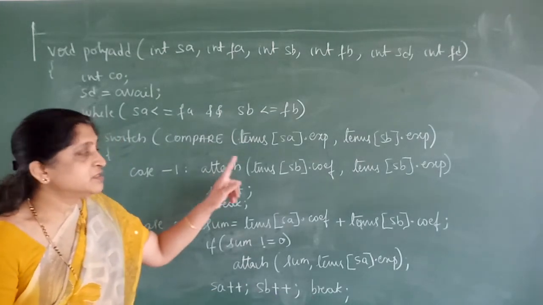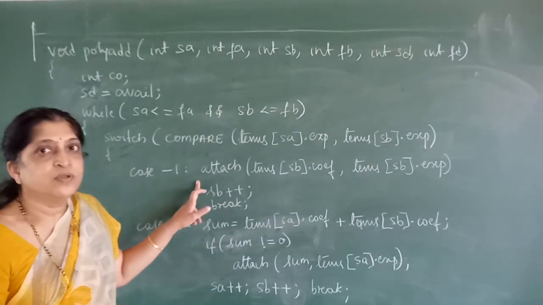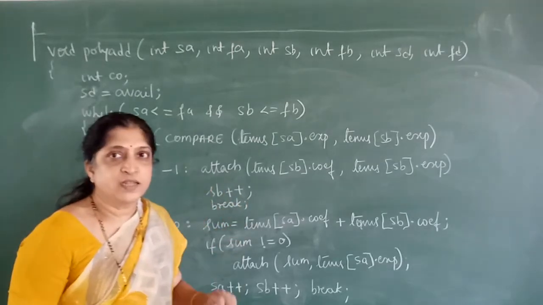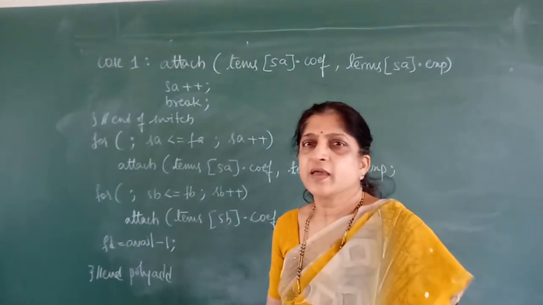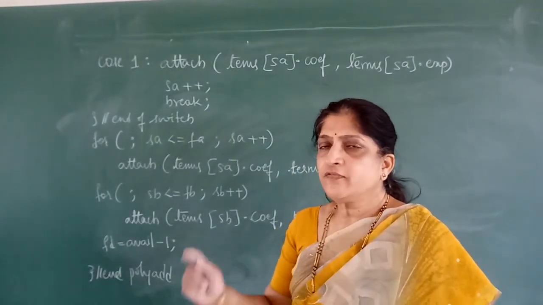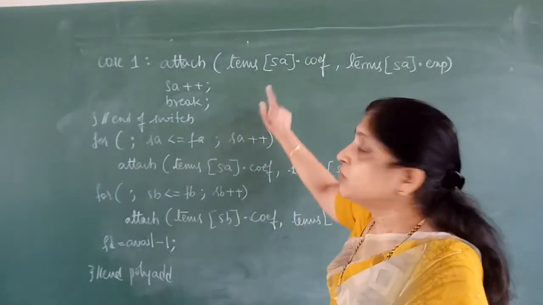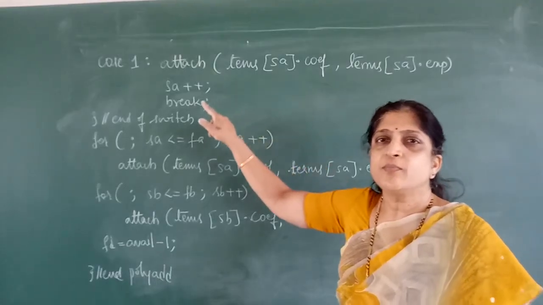Then if it returns 1, we have to add the terms of the polynomial a. Let us write that now. Here we have case 1. If the compare macro returns 1, then we have to attach the terms of polynomial a to the sum polynomial.